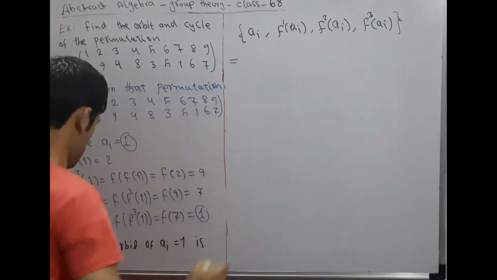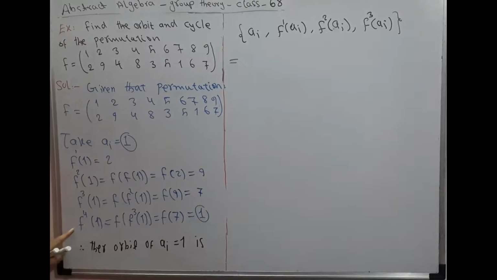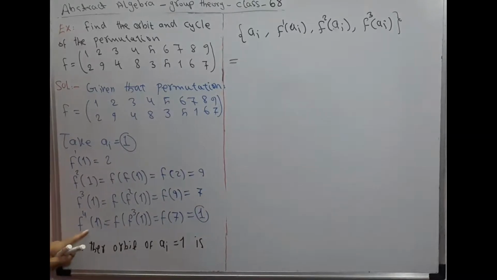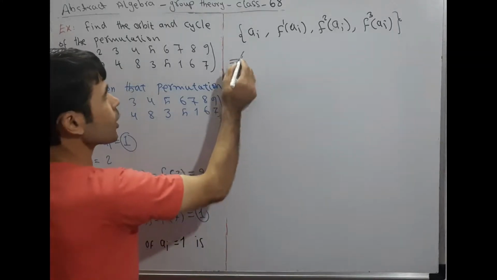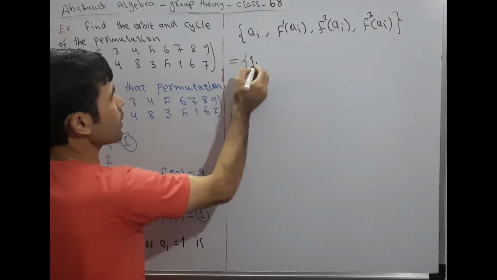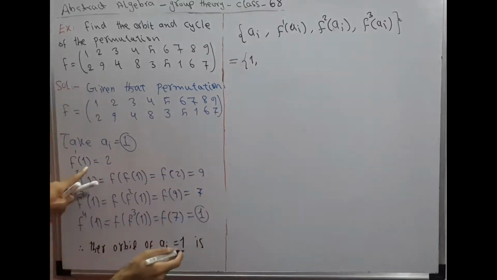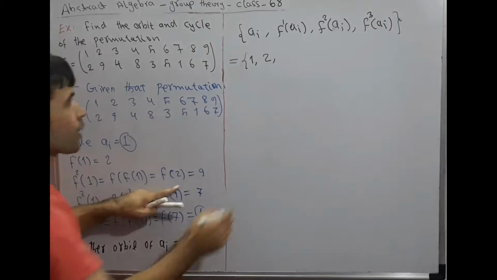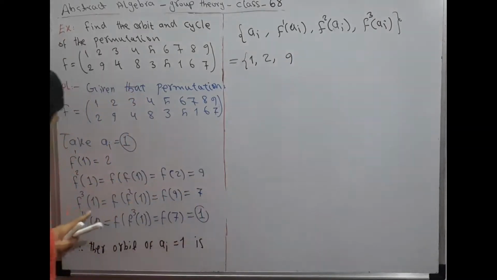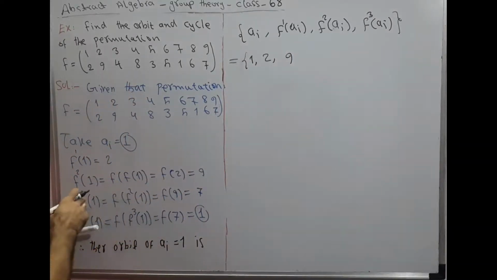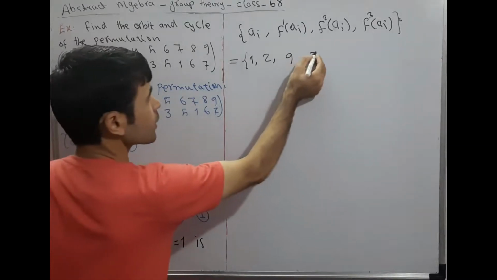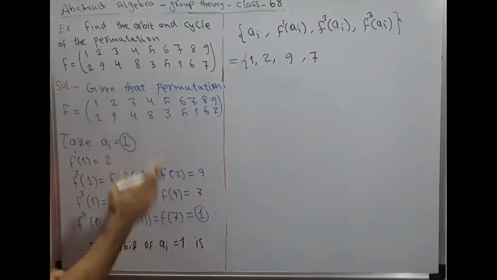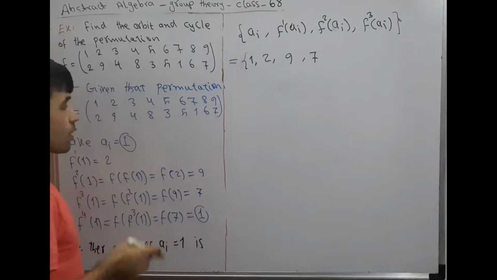It is equal to: f to the power 1, we have 2; f to the power 2, we have 9; f to the power 3, we get 7; f to the power 4, we do not have, it is the same, repeated.